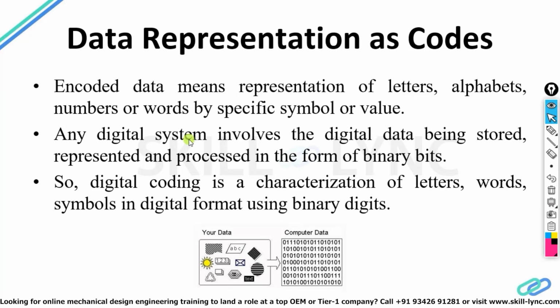So it is converted into binary bits. Otherwise, we can say that digital coding is a characterization of letters, words, symbols in digital format. We characterize these values in binary digits so that the output is understandable by the computer.